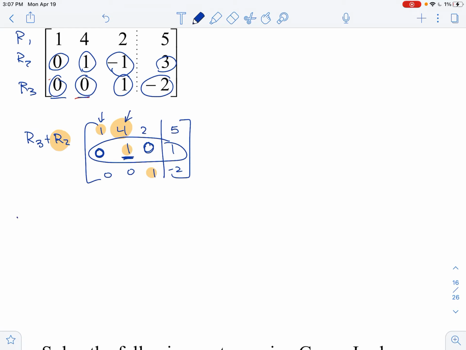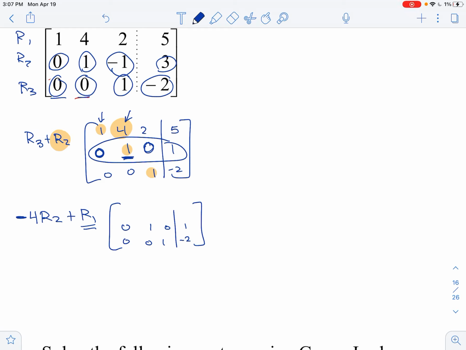So what I'm going to do is multiply -4 times row 2 and add it to row 1. So again, this row 1 is what's going to be changed. I'm going to leave row 2 alone and leave row 3 alone. I'm just changing row 1.